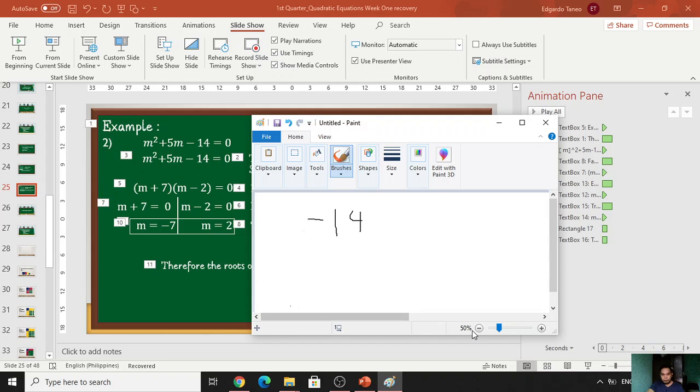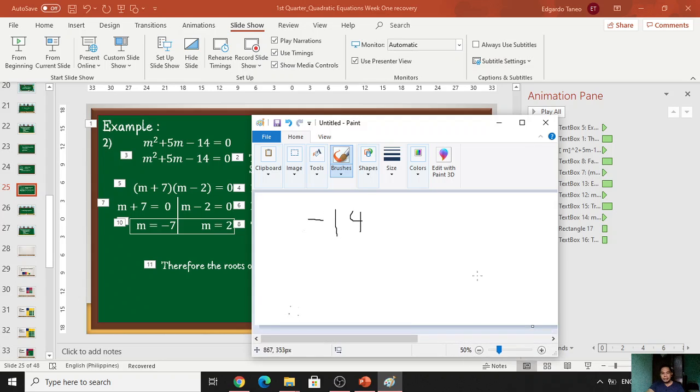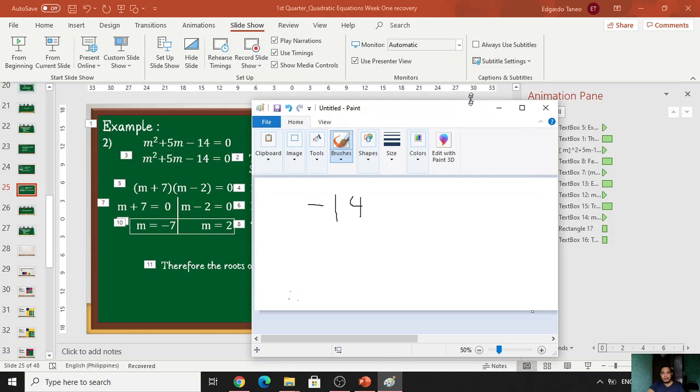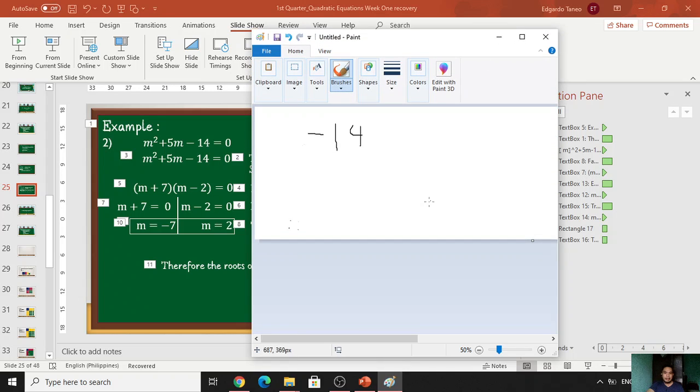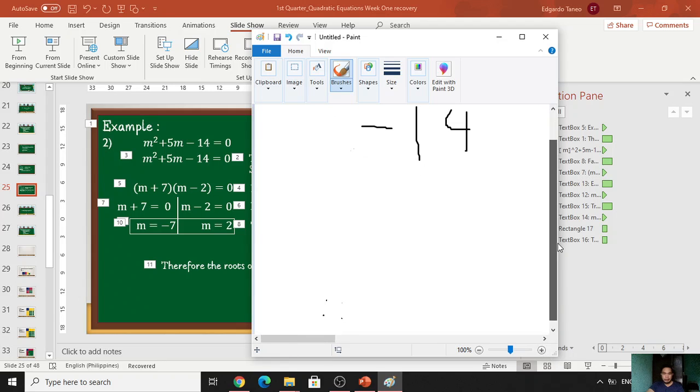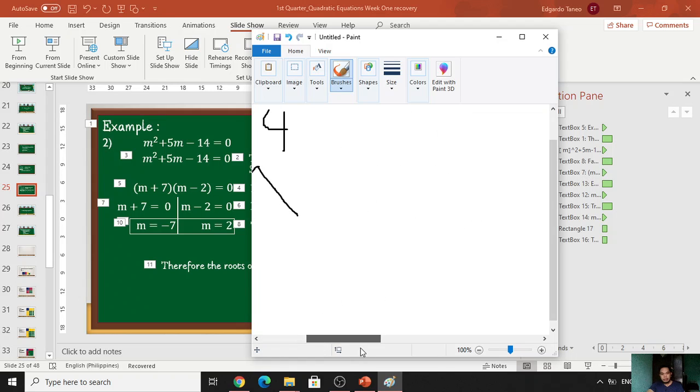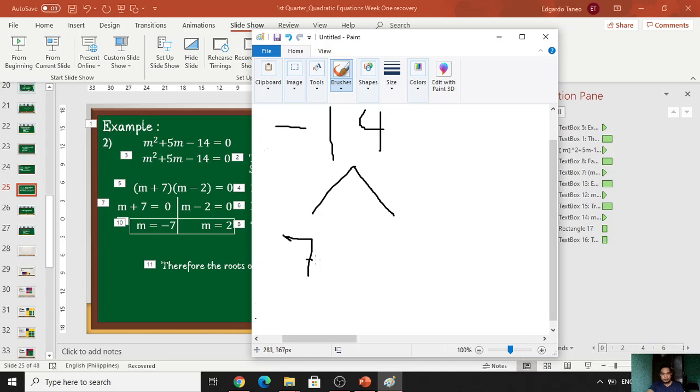Now, hahanap tayo ng factors ni negative 14 wherein kapag pinag-add natin equal sa positive 5. So, what are the factors of negative 14? We can have negative 7 and positive 2.